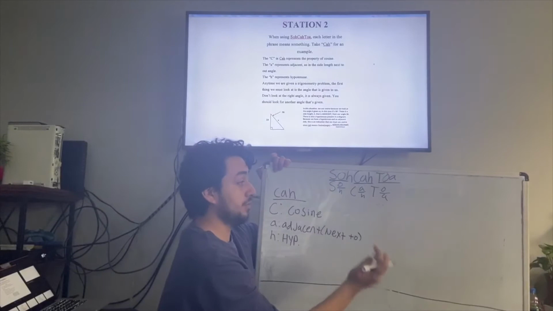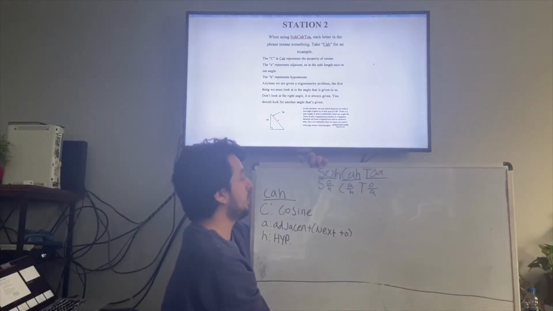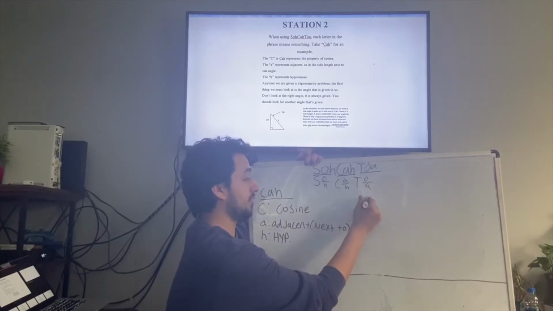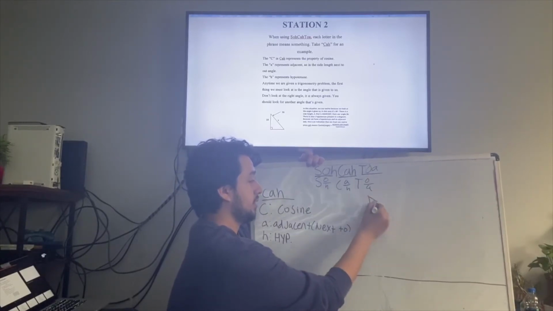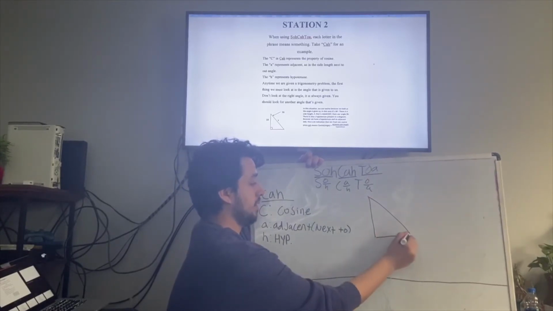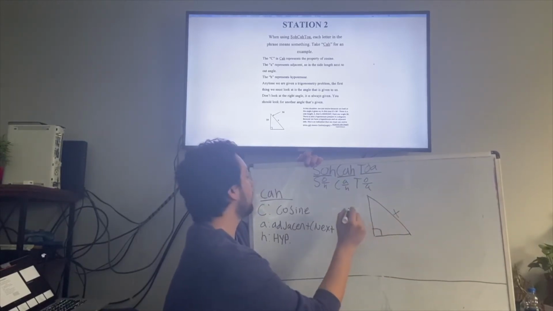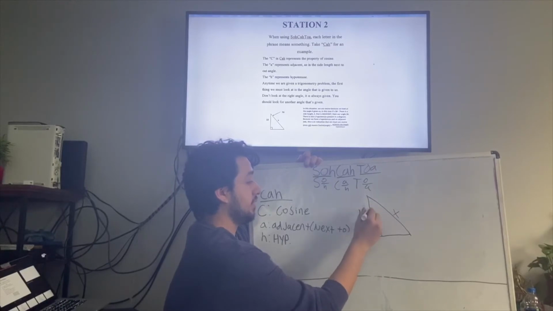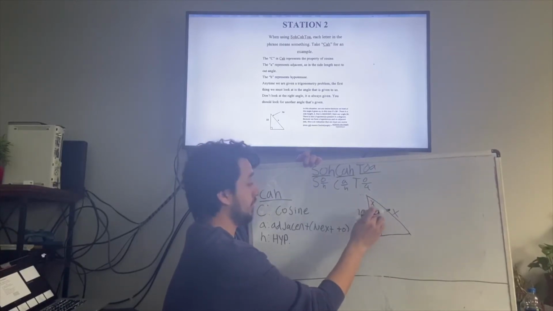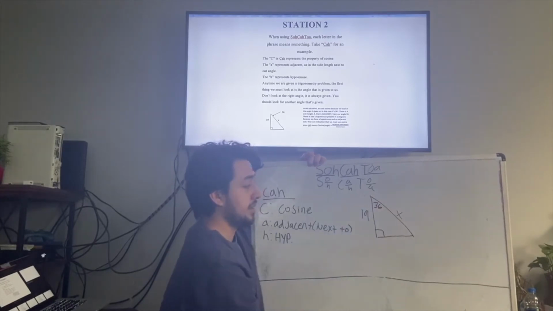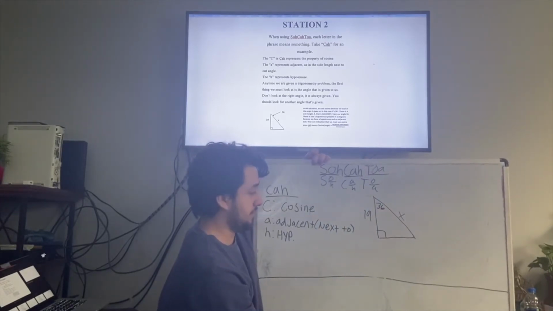So in our example before, in the beginning of the video, we saw an example for cosine, which was this right here. Our X is our hypotenuse. This value is 19, and 36 is our angle, okay?